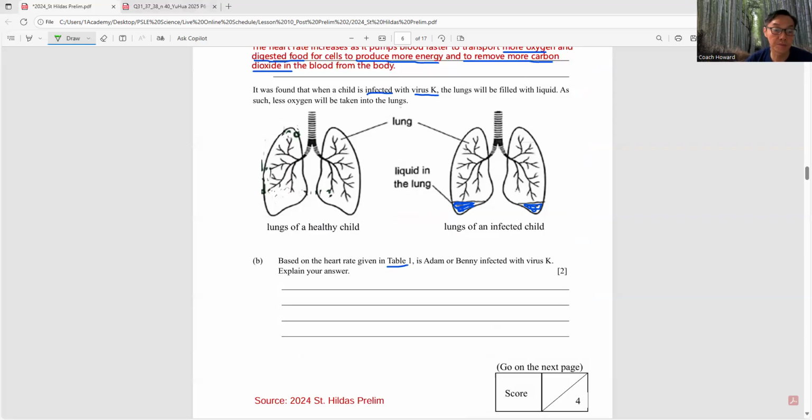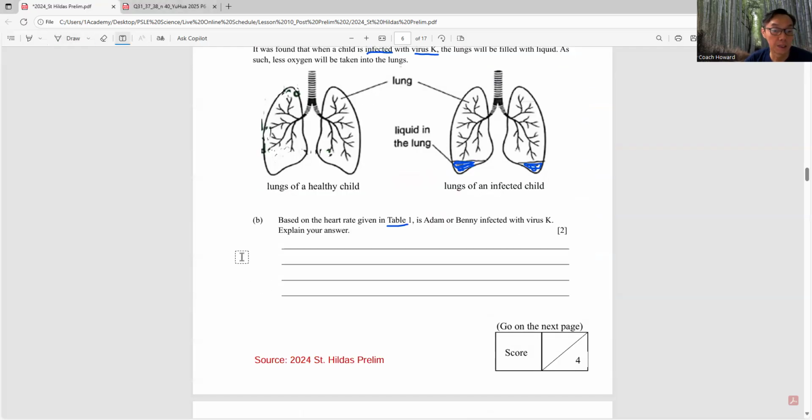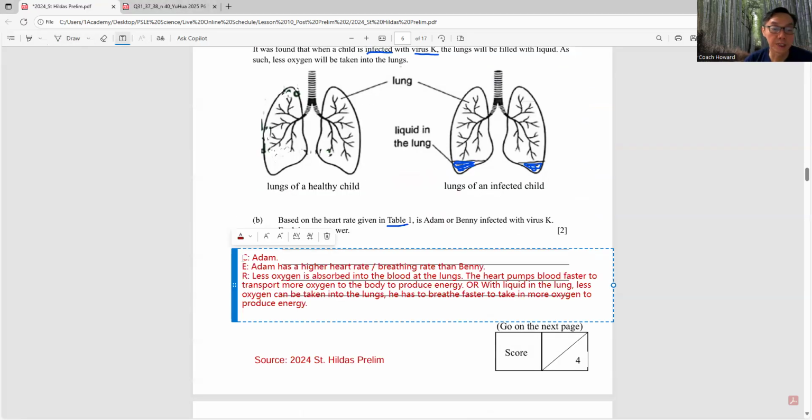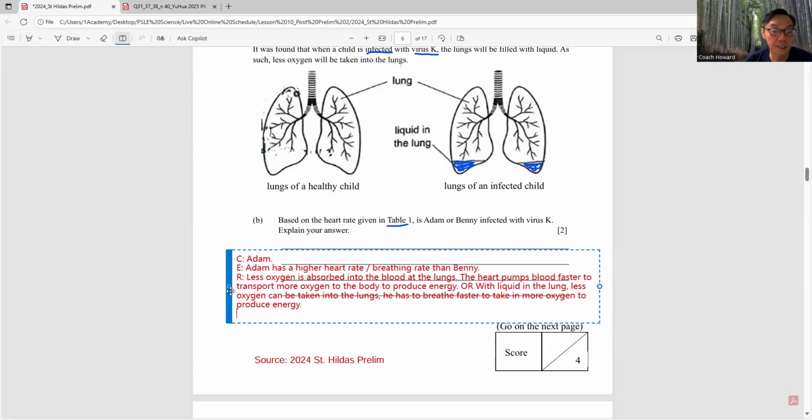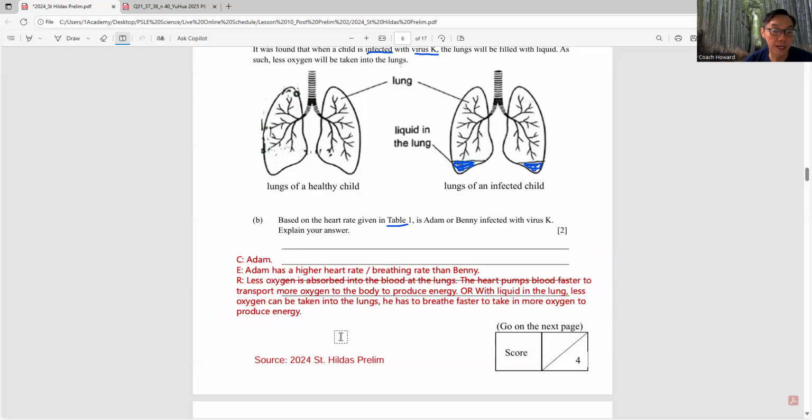So first of all, you must mention, okay, some schools use this acronym, the CER, which I like to explain to you how to apply in this question. So C is the conclusion. All right. They can conclude that Adam is the infected child. E is the evidence, right? Adam has a higher heart rate and breathing rate than Benny.